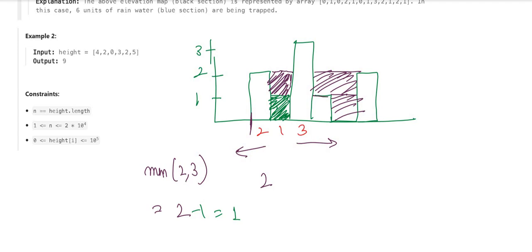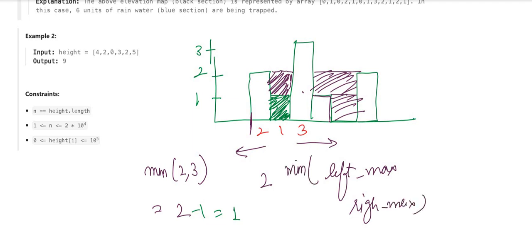So whenever I am calculating, I have to see the left maximum and the right maximum height, find the minimum of the two, and subtract the value given in the height array, because that particular elevation, that block, will not let me save water in that area. Getting my point?